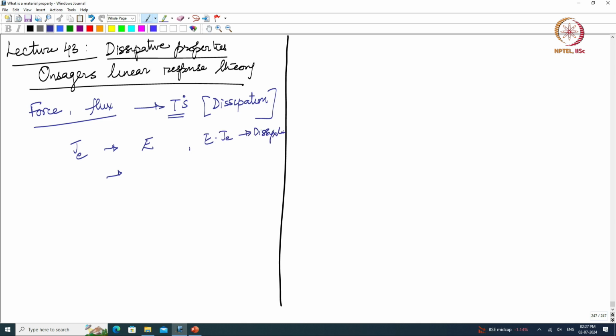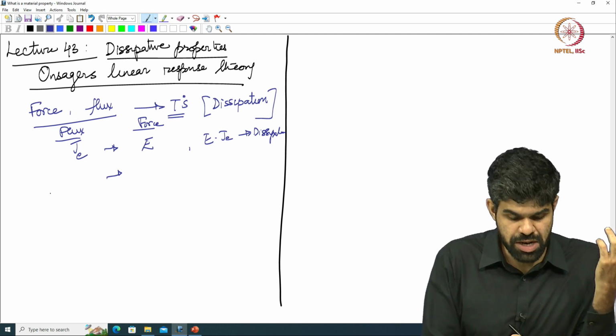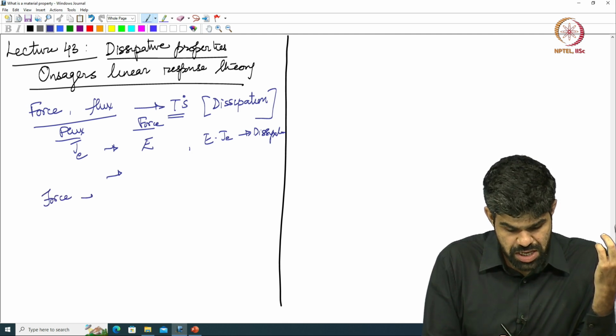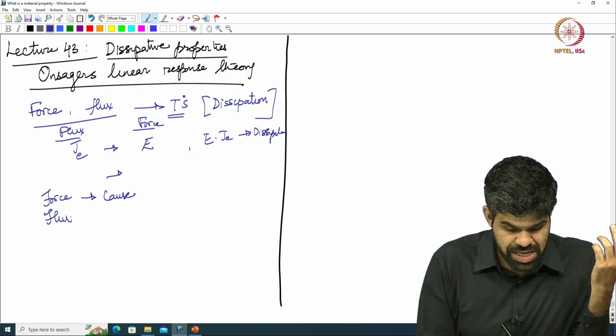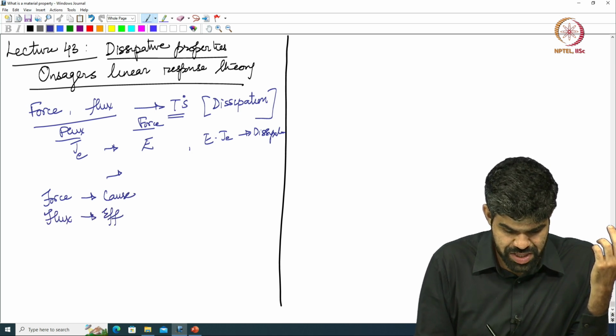right. So in general, if I have a force and a corresponding flux, right, a force can be looked at as a cause and the ensuing flux as the effect, right.